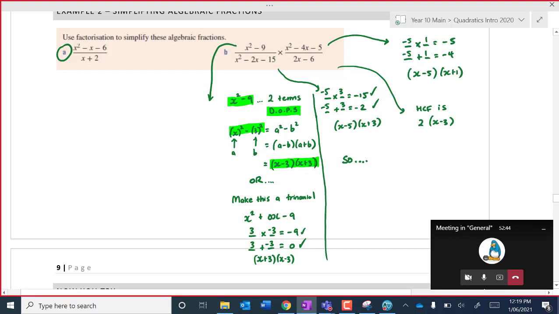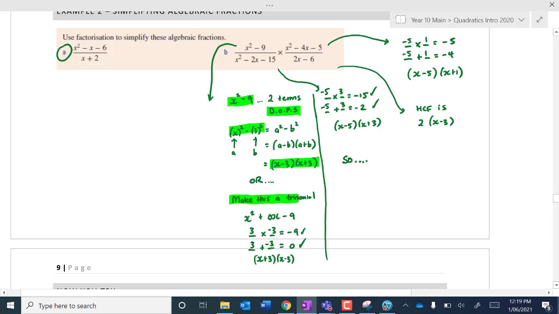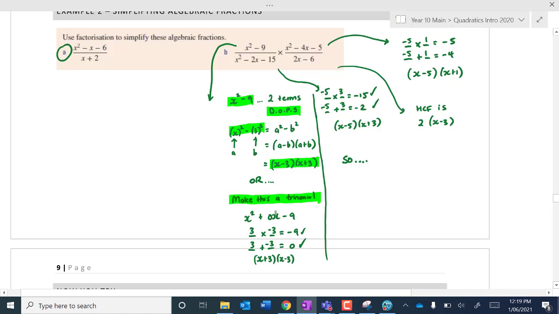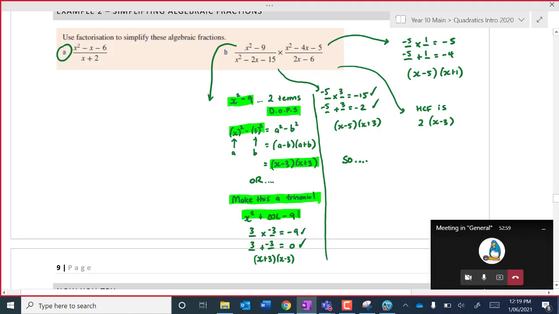We've been doing that in previous exercises, but for those students who have struggled, why don't we make this a trinomial? And maybe we'll eventually realise that if this middle term is 0x, then I need two things that multiply to give minus 9 and add to give 0, and they are 3 and minus 3. That's another way of factorising those.